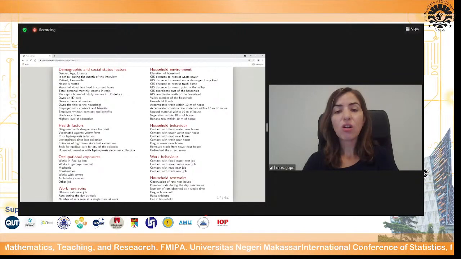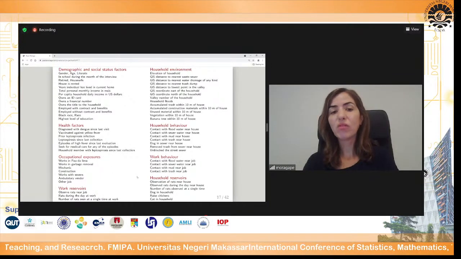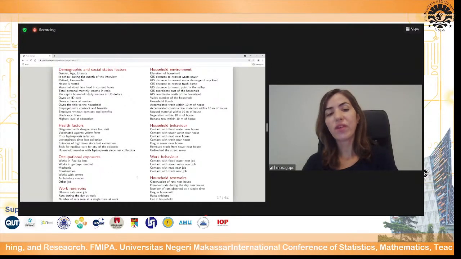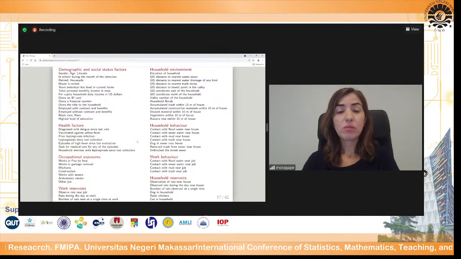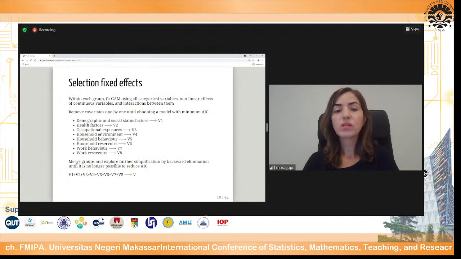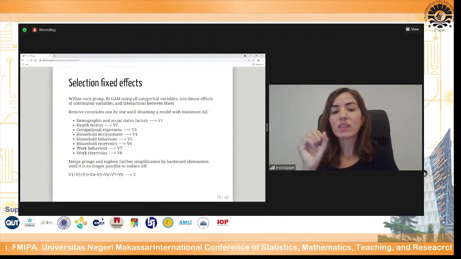So we collected all of this information, and then we followed an approach to select some of these covariates to be in the fixed part of the model. This approach is the following. In each of the 8 groups, we selected some of the covariates.